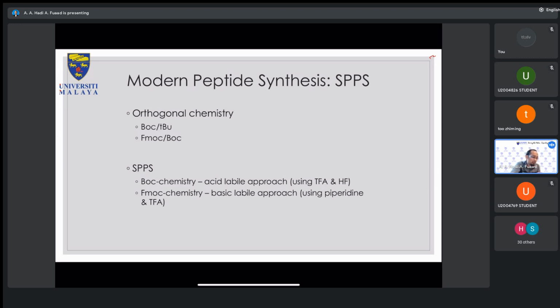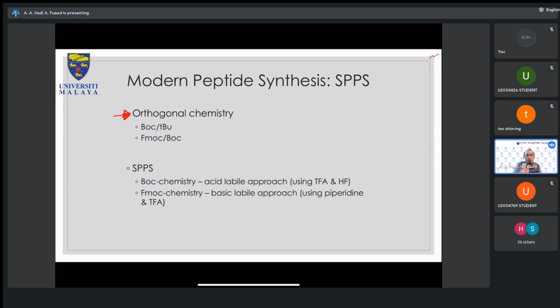What's different is the types of protecting groups or combinations of protecting groups that you can use for SPPS. There are quite a few, not just 2, but these 2 are the main ones, highly commercial and widely used worldwide. So one is what we call BOC TBU.